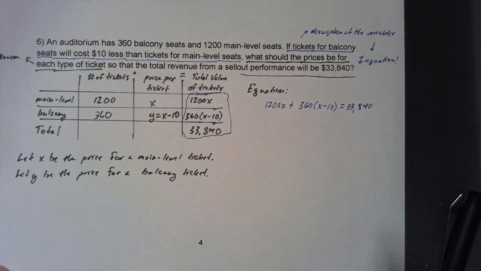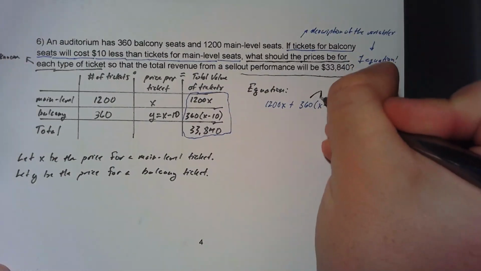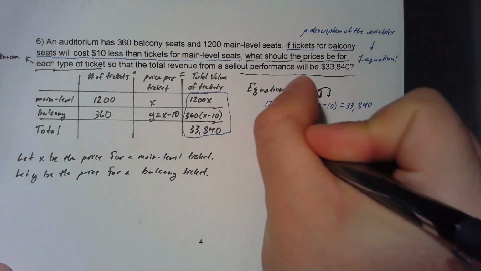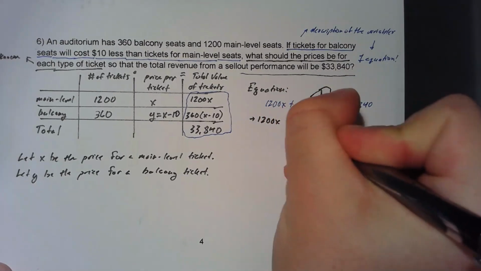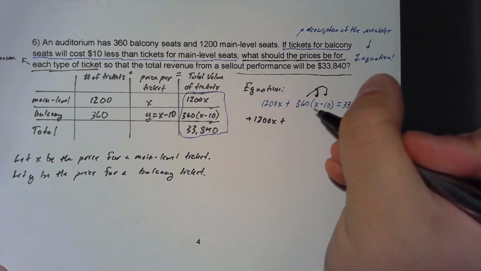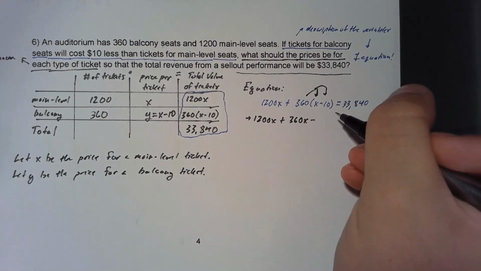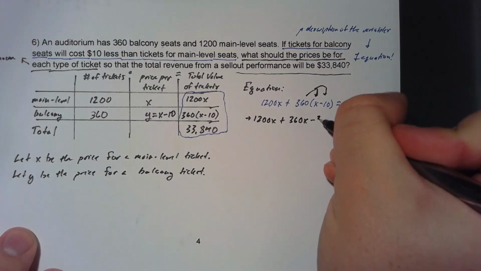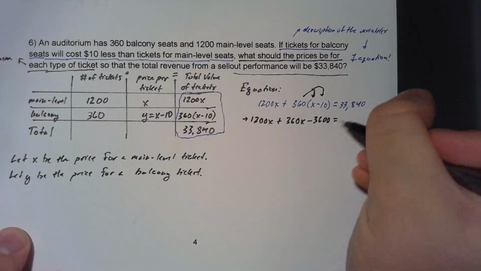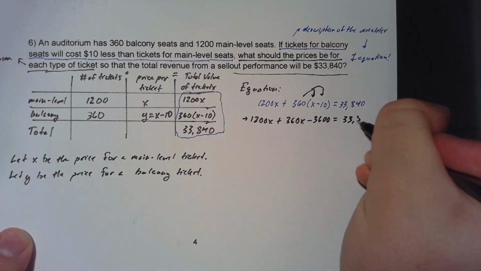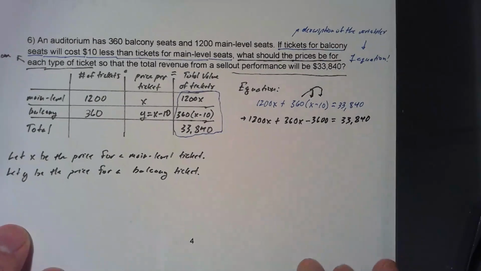So to solve that equation, distribute the 360. 360x minus 360 times 10, well, negative 10 is minus 3,600. That equals 33,840.